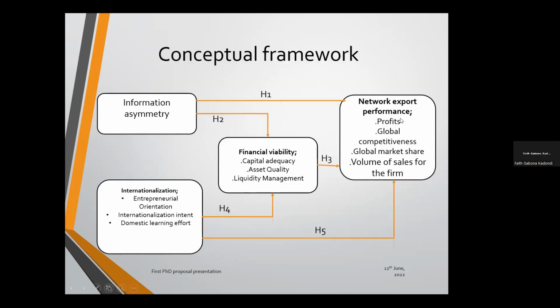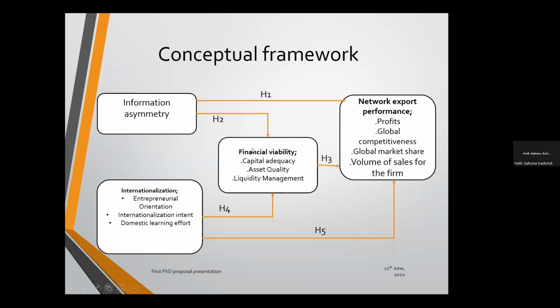My dependent variable is the network export performance, and the independent variables, my IVs, are information asymmetry and internationalization with financial viability as a mediating factor.